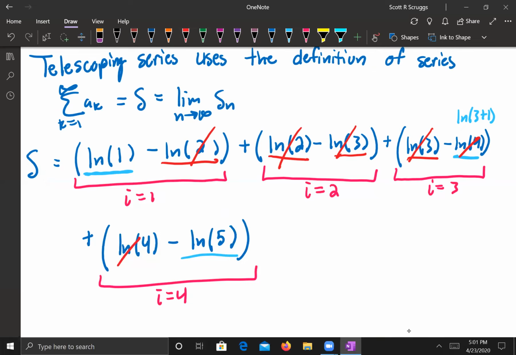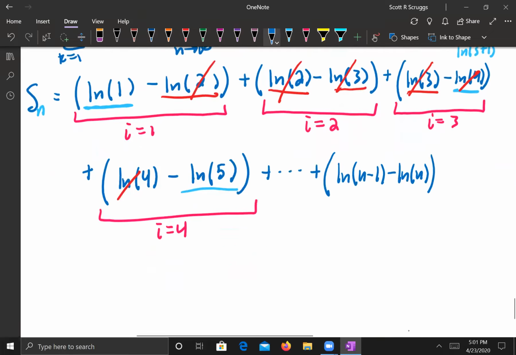Now I'm going to extrapolate. Let's say I plugged in n minus 1, and then n, for i.